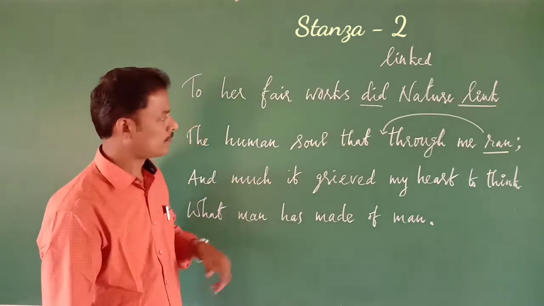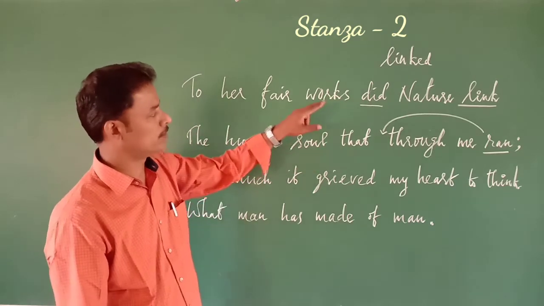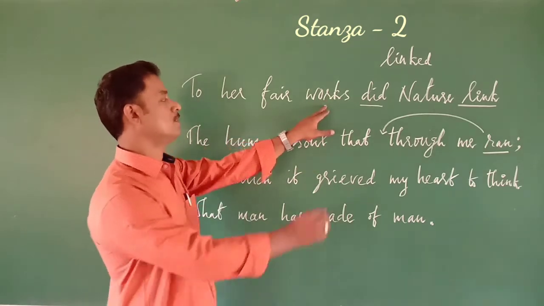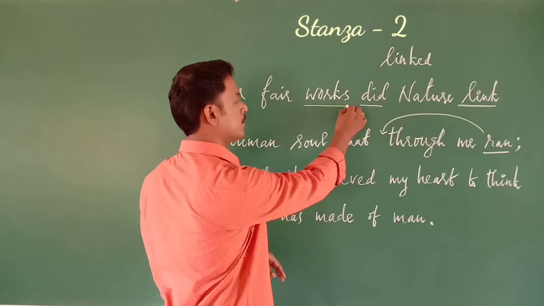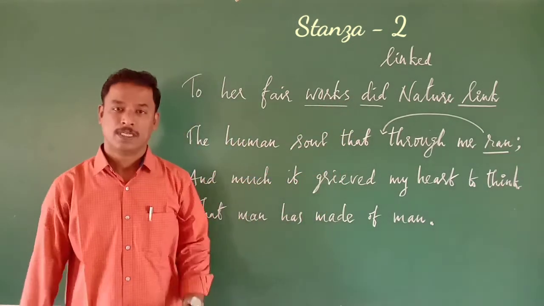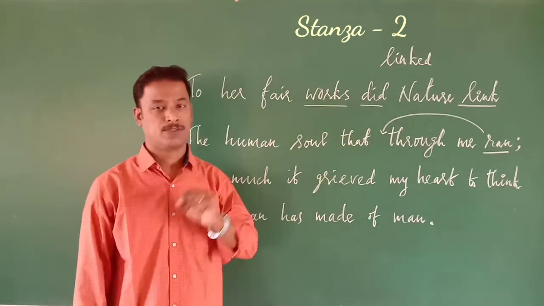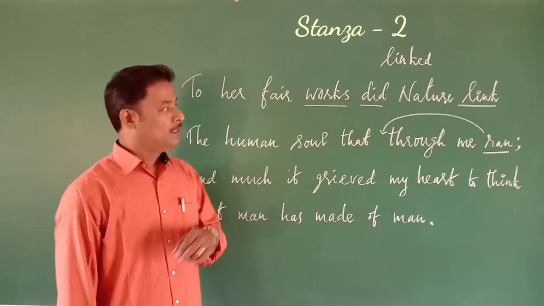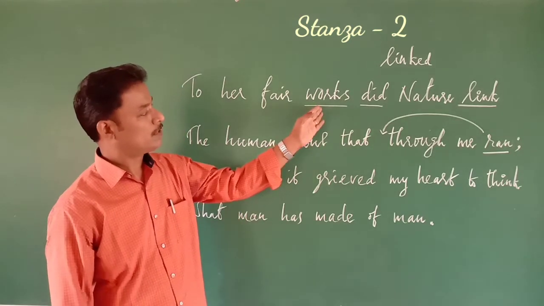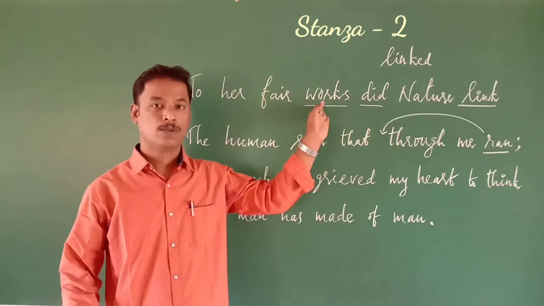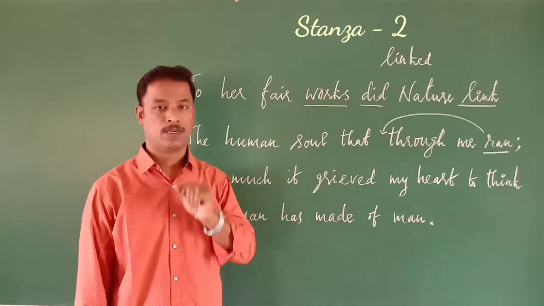In this stanza, we must understand one more thing, that the poet uses the term works in the first line, that is, the works of nature. Generally, the term work has no plural form in sense 1.